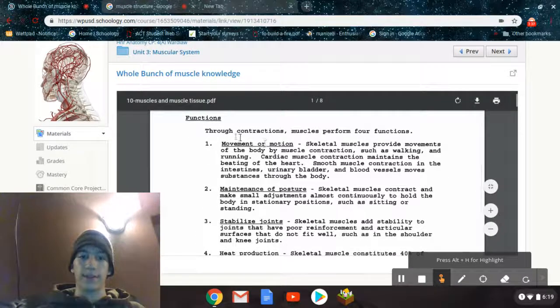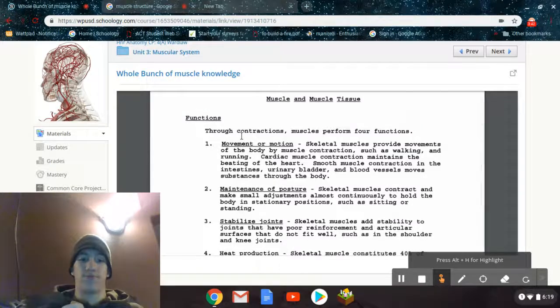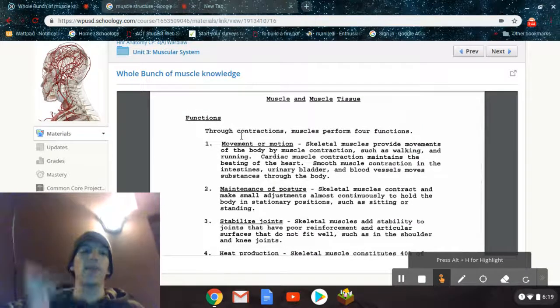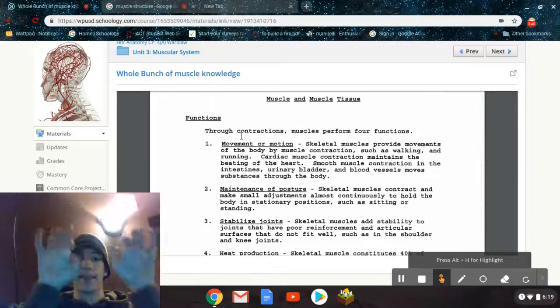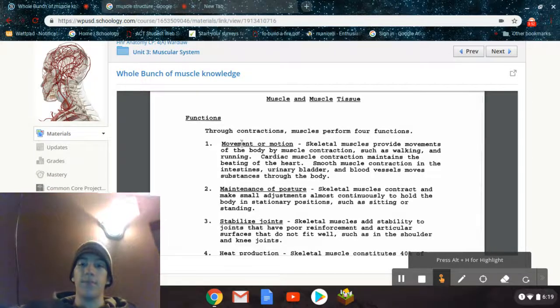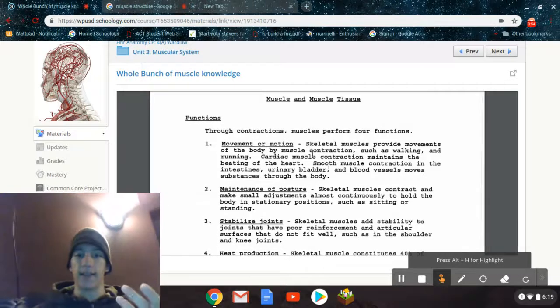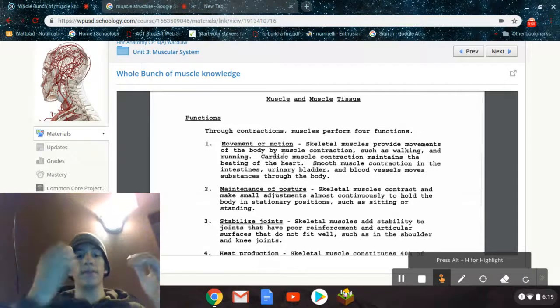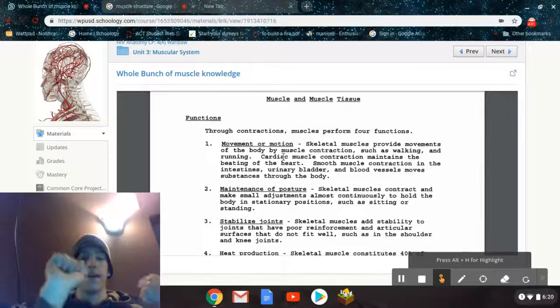So yeah, muscles. Their purpose is to move you or parts of you in any way, shape, or form. So yeah, movement or motion. Skeletal moves your skeleton, obviously.